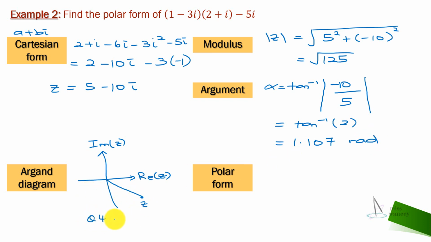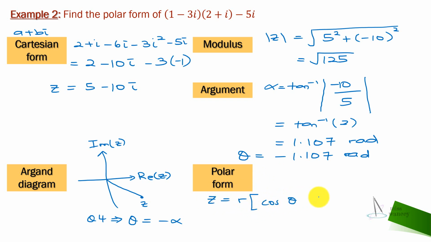Do you remember the formula that I gave you before? If we are in the fourth quadrant, our argument is equal to negative alpha. So theta is equal to negative 1.107 radian. Now let us write it down in polar form. z is equal to r (cos theta plus i sin theta).